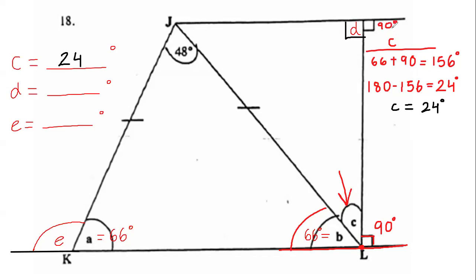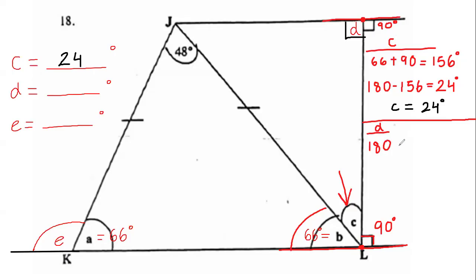So if it's 90 degrees, then that should be easy for us because we are geniuses. So for D, we say, okay, well, we know angles on a straight line. Look, notice they are on a straight line and they are at a common point. So if this side is 90, then this side must also be 90 because 90 plus 90 is 180.